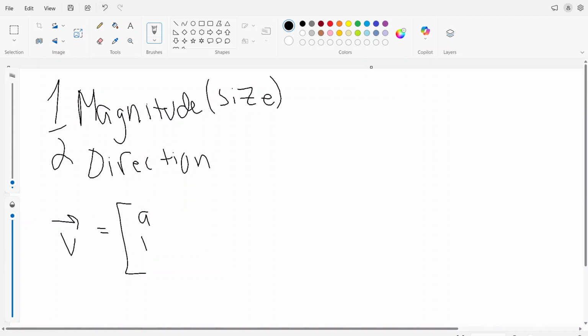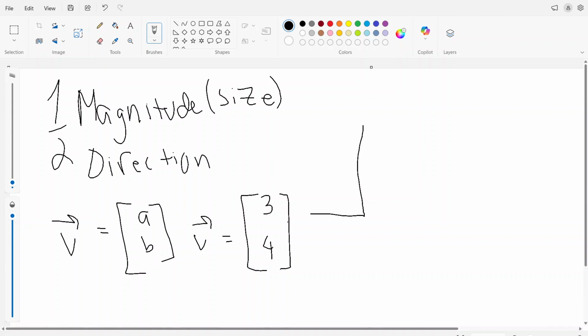So an example is 3, 4. This means that the vector moves 3 units horizontally and 4 units vertically. So it would have an arrow pointing there after moving 3 units horizontally and 4 units vertically.